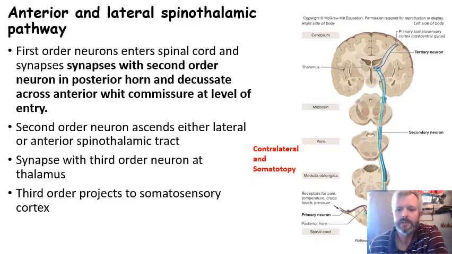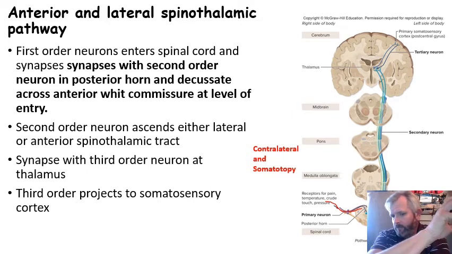So let's look at how this information travels, and we can see it's multiple neurons. Here's the primary neuron or first order neuron. All right, we've received the information. This is a neuron that gets excited from the receptor end, and we send it into the spinal cord.